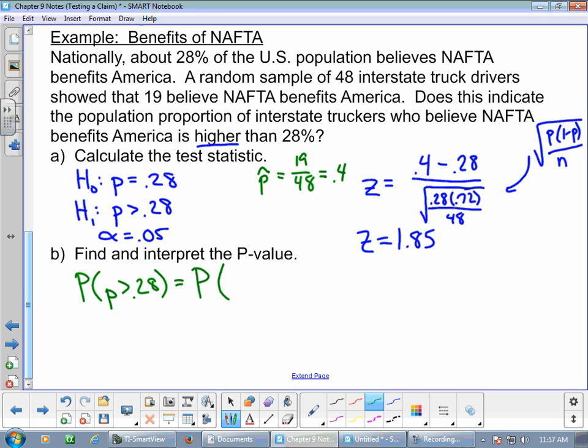Now, what's the z-score for? Well, if we're going to calculate the probability that the proportion is greater than 28%, that's the same as the probability that the z-score is greater than 1.85. And whether you use greater than or equal to doesn't matter because these are continuous variables.